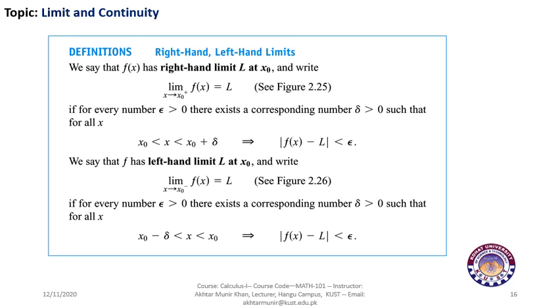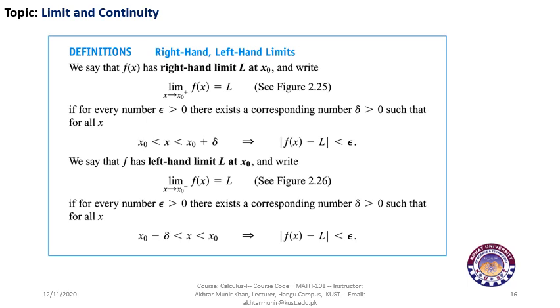We say that f of x has a right-hand limit L at x naught, and we write limit as x approaches x naught from the right of f of x equals L, if for every epsilon greater than 0 there exists a corresponding delta greater than 0, such that for all values lying to the right of x naught and to the left of x naught plus delta, that implies the absolute value of f of x minus L is strictly less than epsilon.